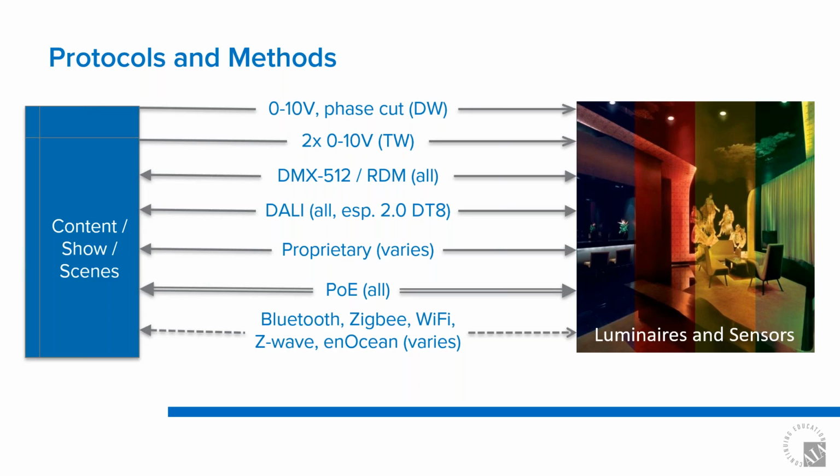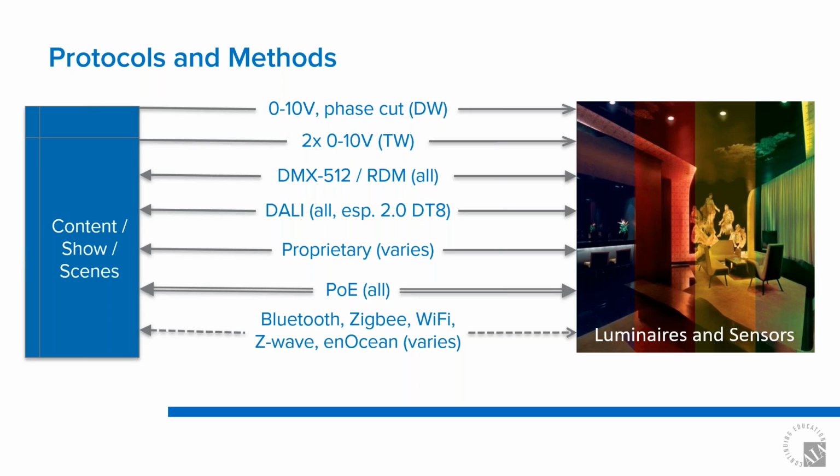When you start talking about DMX or RDM, DALI, and any proprietary system, it's 2-way communication. So from your content side, it says, hey, light, I want you to turn this color, or I want you to do this thing. Sends the communication across to the light, says, copy that, Ghost Rider, and sends the communication back to the controller that says, hey, I'm there. PoE is a little bit different, where you have your content show sending a signal over to the luminaire, it sends it back, but it's a constant communication back and forth between the two.